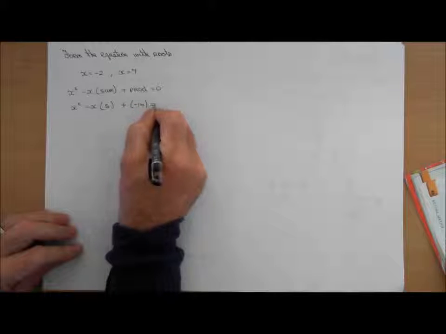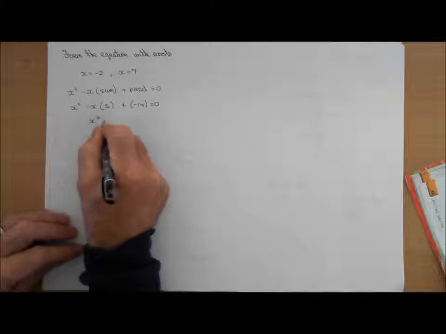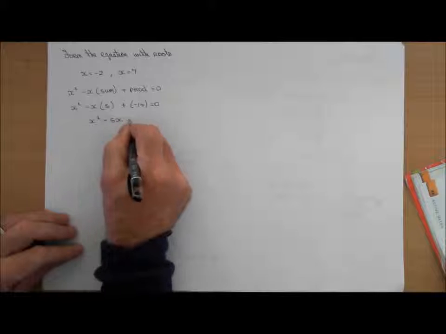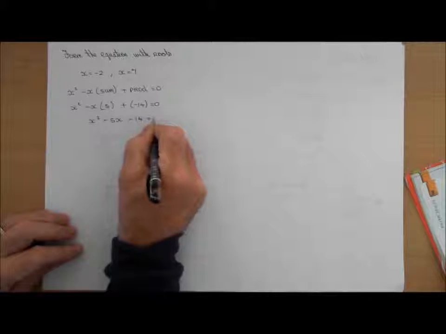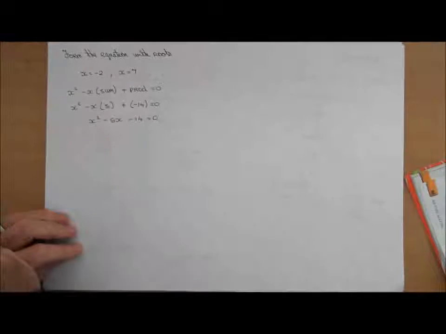Minus 14 equal to 0. So it's x squared minus 5x minus 14 equal to 0.